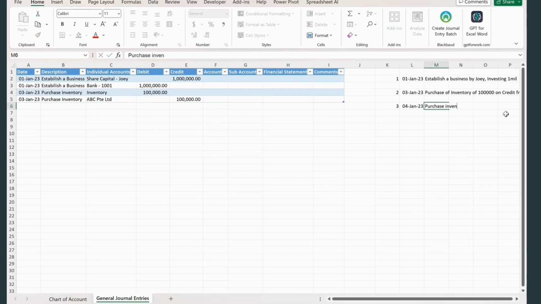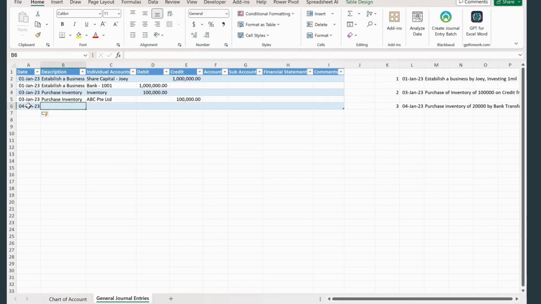Fourth June, purchase inventory of 20K by cash. Here we debit our inventory, we credit our bank.